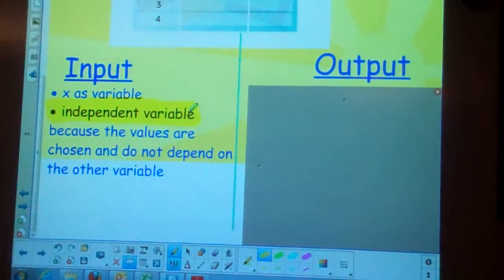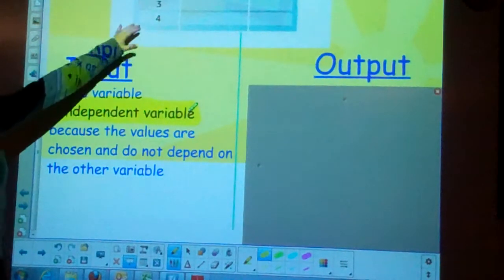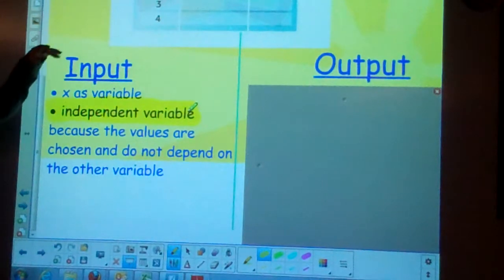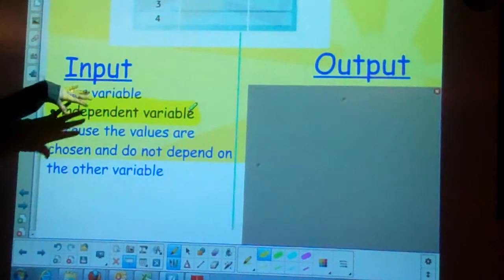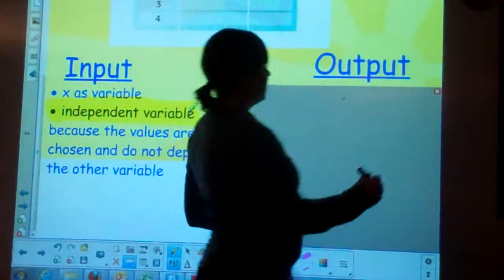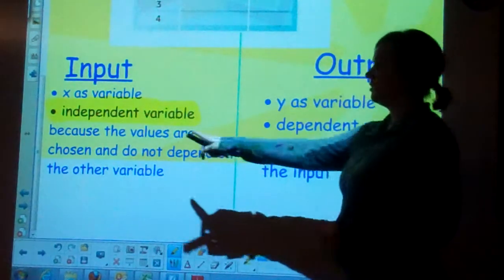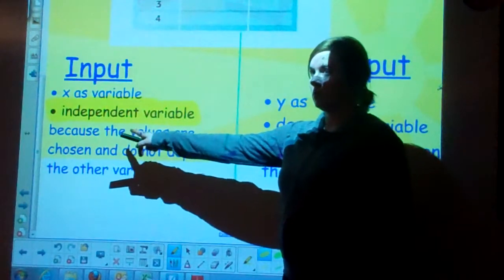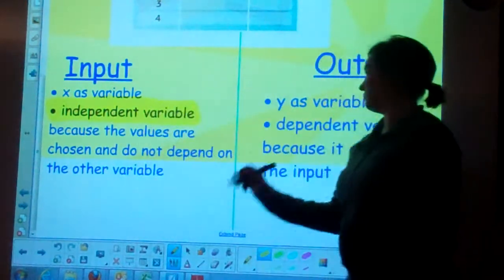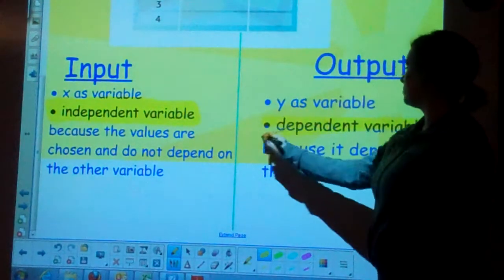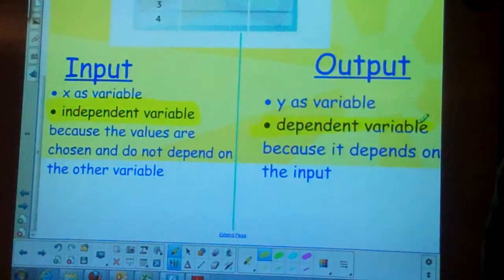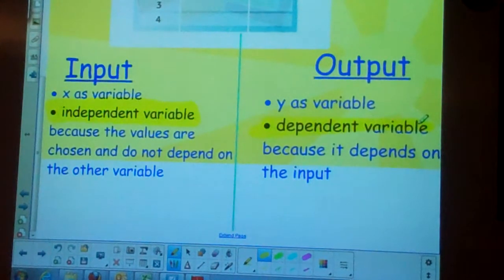And that's because really we can choose whatever values we want for the input. And the output is going to be affected by the input. So therefore your output is your dependent variable, because that changes depending on what you put in for the input.